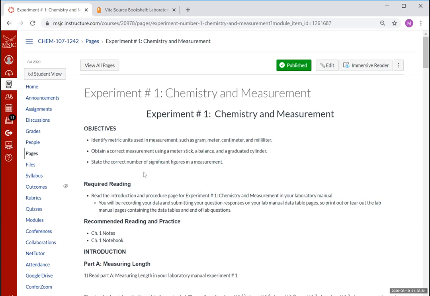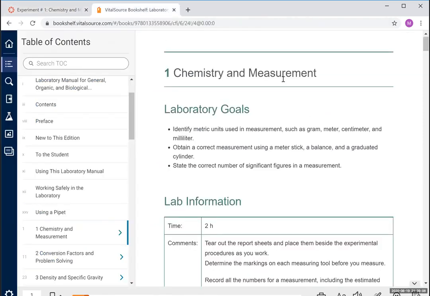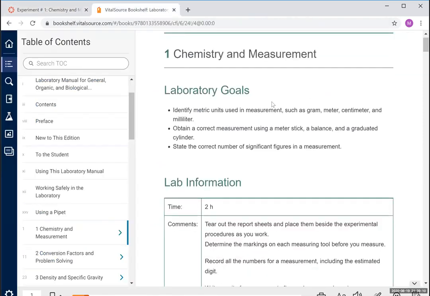I just wanted to give everyone a pre-lecture summary of how to take measurements, because what you're going to be doing in experiment 1 is taking measurements for different graduated devices. This is based on our laboratory manual experiment 1, chemistry and measurements.